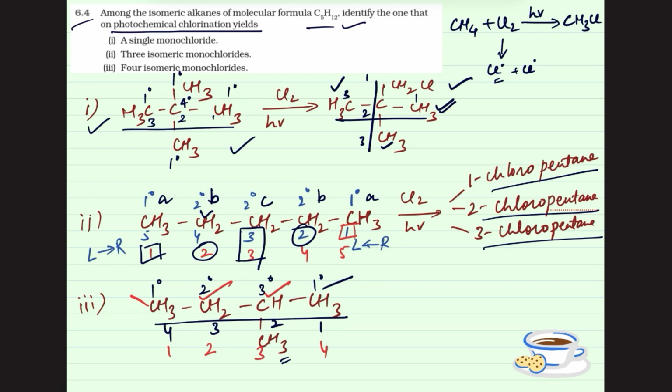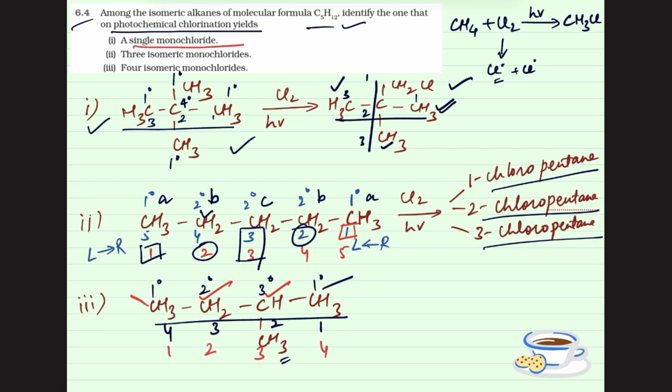So if you want only a single monochloride, then you have to arrange the carbon-carbon chain in such a way that there is only one type of carbon present. So no matter to which carbon chlorine is bonded, the product will be the same. If you want 3 isomeric monochlorides, the carbon-carbon chain has to be arranged so that 3 different carbons are available, and so that 3 different monochlorides will be formed.